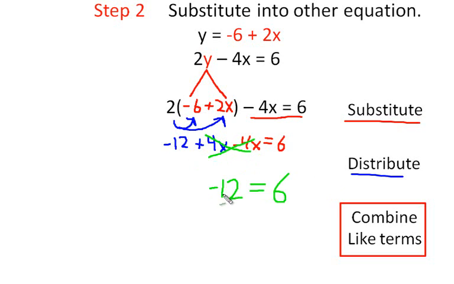And we know that negative 12 does not equal 6, so this is not a true statement. So like we said before, if we run into this situation, that means that our lines are actually parallel and they don't intersect, so we have no solution. So for this we would write no solution. And we could even write parallel lines.